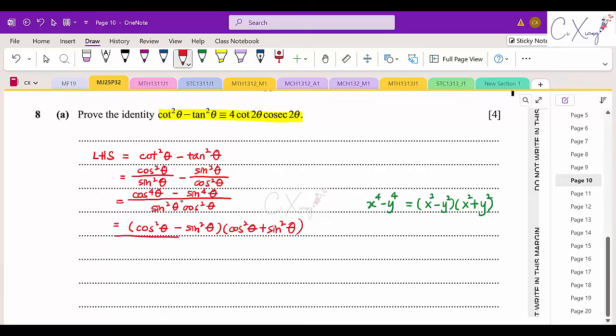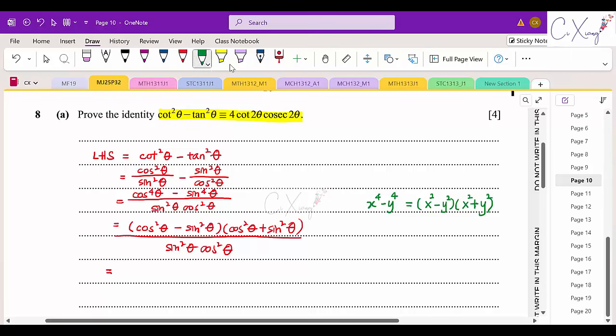Okay, then divided by sine square theta cos square theta. Then next step, what is the value for cos square theta plus sine square theta? From the identity that we learned, cos square theta plus sine square theta equals to 1.